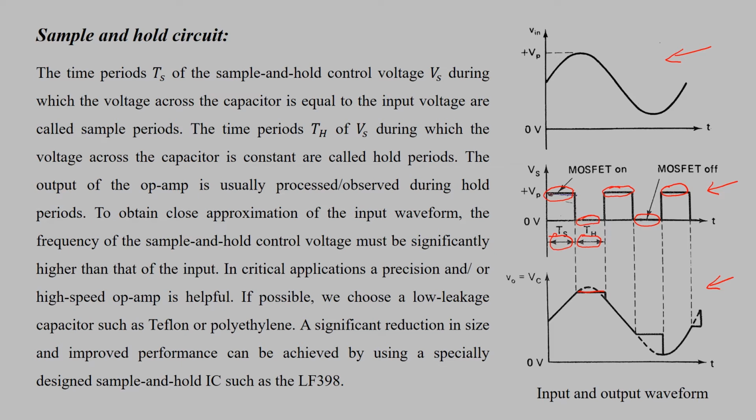So this is normally considered in analog to digital converters, where we need to hold the input for a time interval so that it can be converted into the digital signal, whereby the input should not change during the duration by which we are considering the digital.